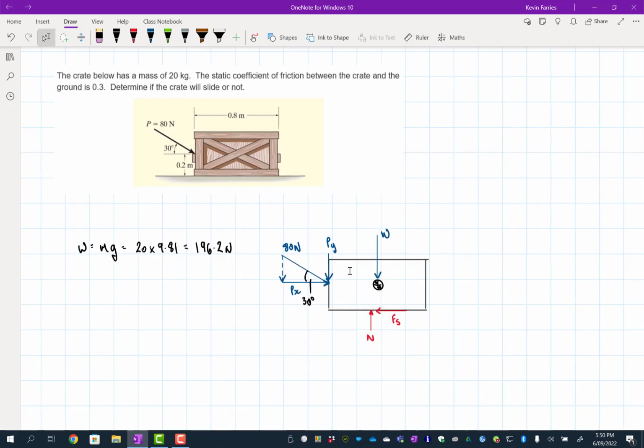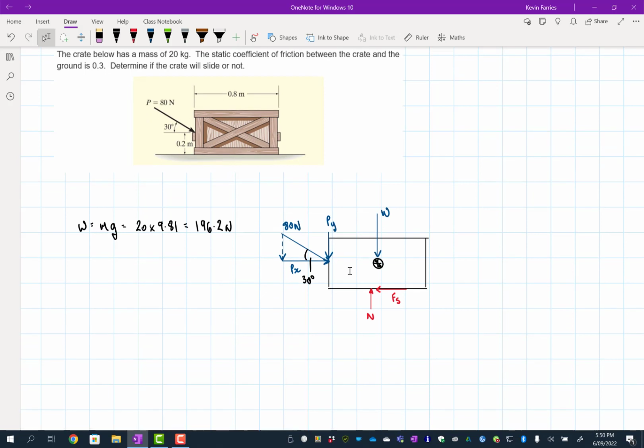So then let's just figure out what those would be. PY is going to be 80 newtons sine 30 degrees, which is just going to be 40 newtons, and it's going downwards.